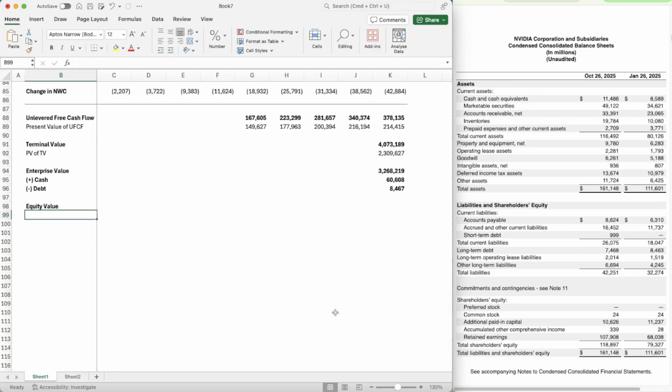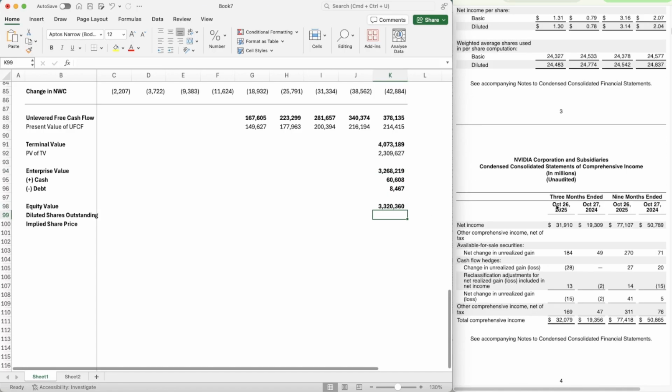The next step is the equity value. And we want to know what the diluted shares outstanding are, which will give us the implied share price. So you take your enterprise value, you add in your cash, and you subtract your debt to get the equity value.